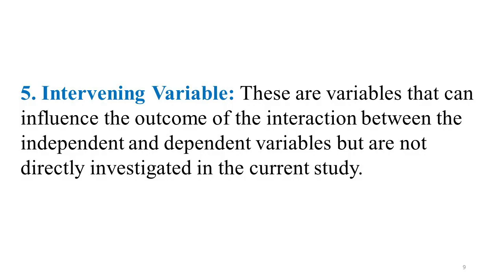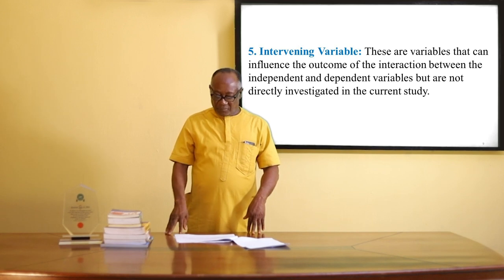Now we go again to look at intervening variable. They are variables that can affect the outcome of interaction between the independent variable and dependent variable. But in this case, you did not study them in your current research.